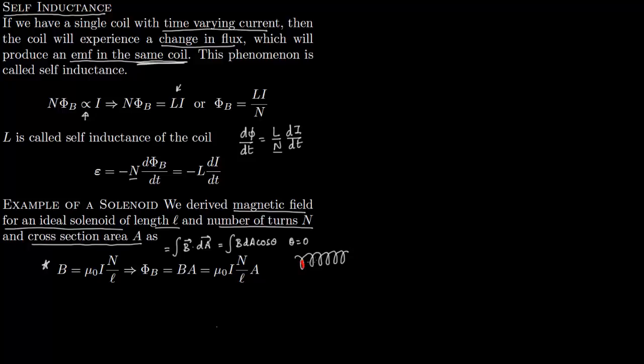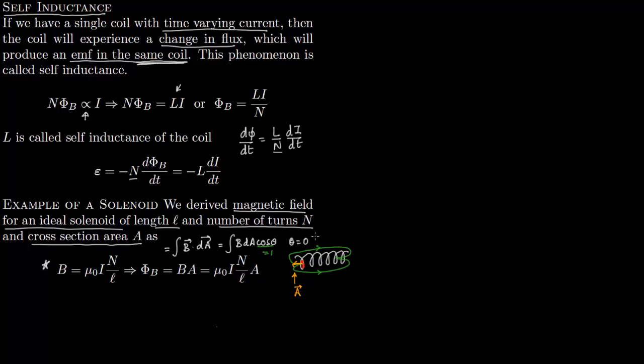This is perpendicular to the flux, but we are always talking about the vector normal to the area. So the area vector has an angle 0. If the area is like this, this yellow line is the area vector which is normal to the area. So theta is 0 between this yellow line and the green lines which represent the field. So cos theta just becomes 1.